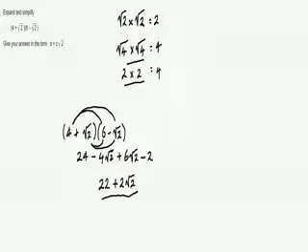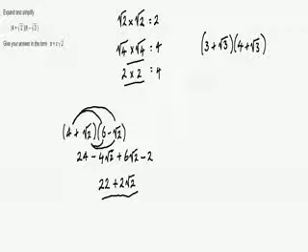So let's try another one, and we'll keep minuses out of it. So let's say we've got 3 plus root 3 times 4 plus root 3.